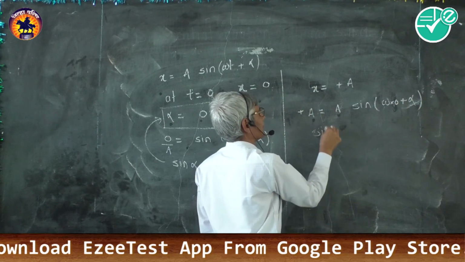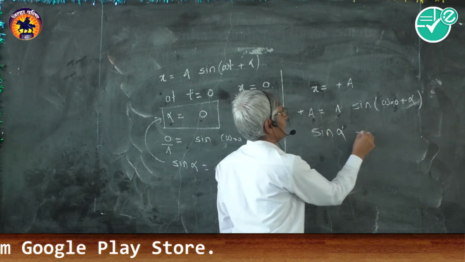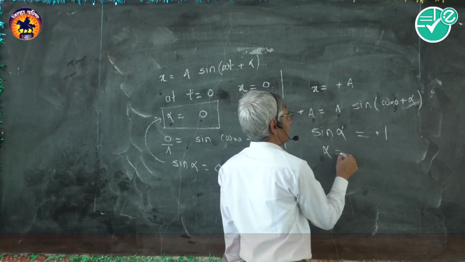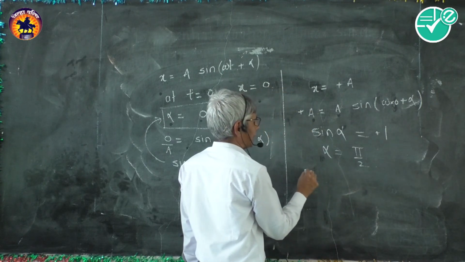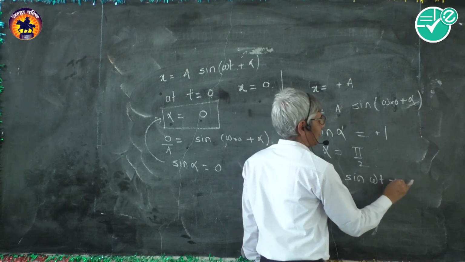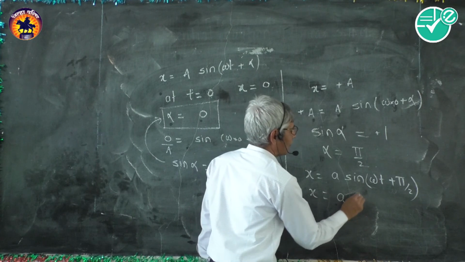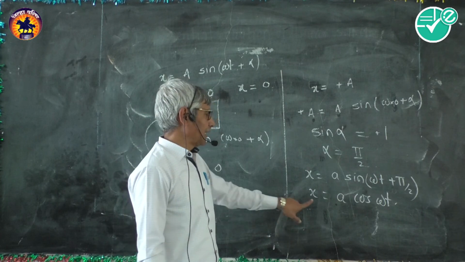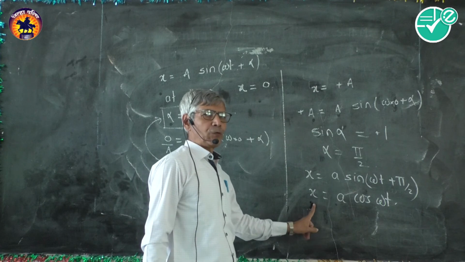So sin alpha is equal to 1, so alpha is equal to pi by 2. Using this equation, x is equal to A sin(omega t plus pi by 2), or x is equal to A cos omega t. This is the expression for the displacement of the particle when the particle starts its S.H.M from the positive extreme position.